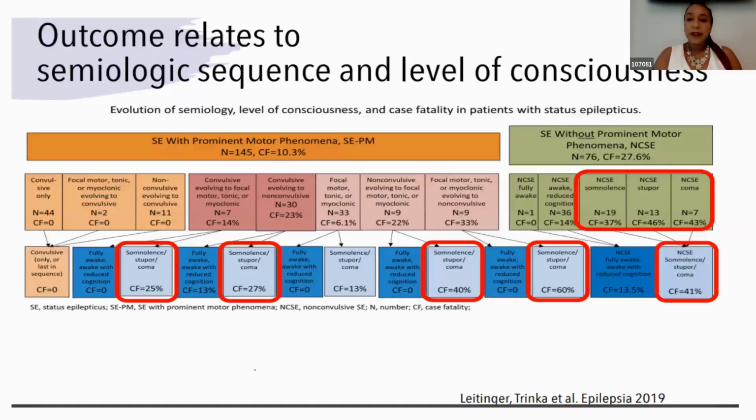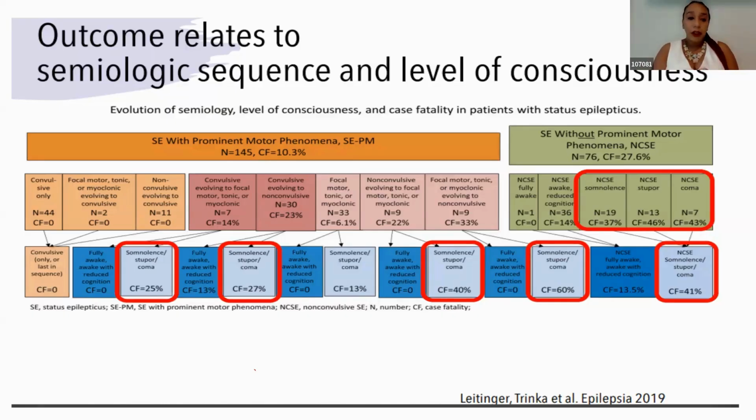This is such a busy slide, but I think it's very important, especially since this is going to be recorded. You guys will have the opportunity to go back and look at it. And what it shows us is the semiology, meaning what the seizure looks like and the level of consciousness, can actually determine the degree of case fatality.